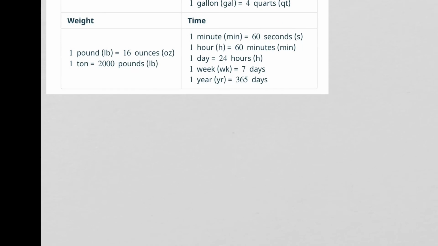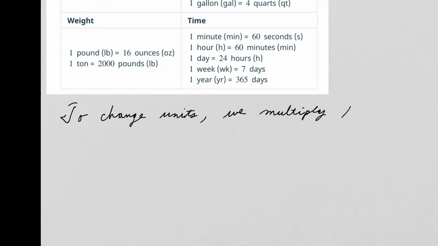So to change units, we multiply by a unit conversion factor. And we'll use the information in the table here to create our unit conversion factor.